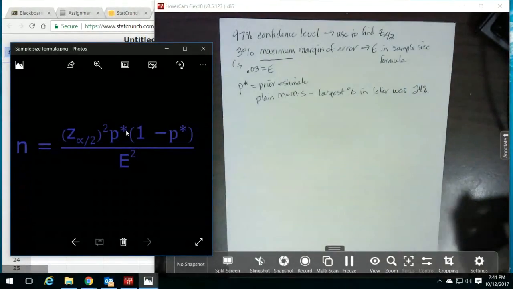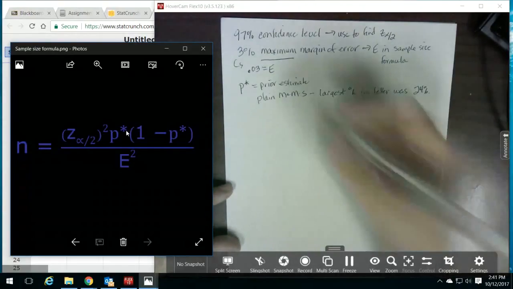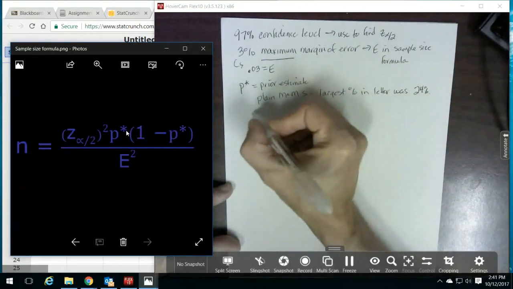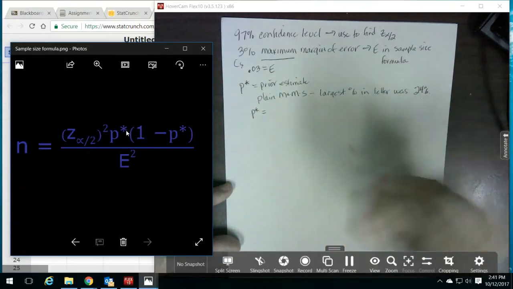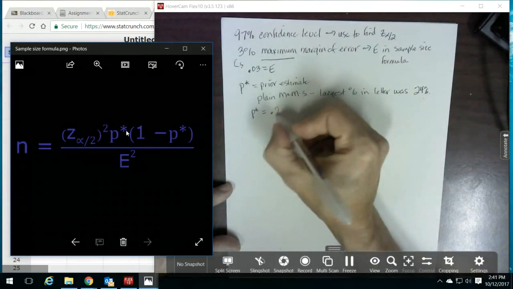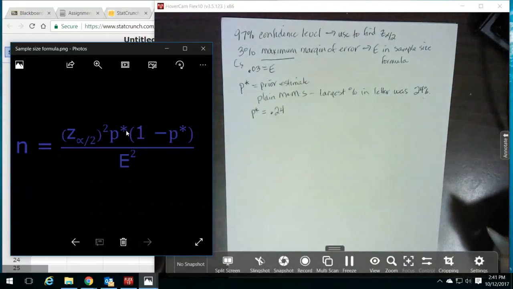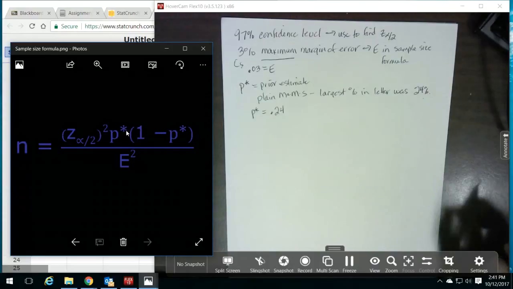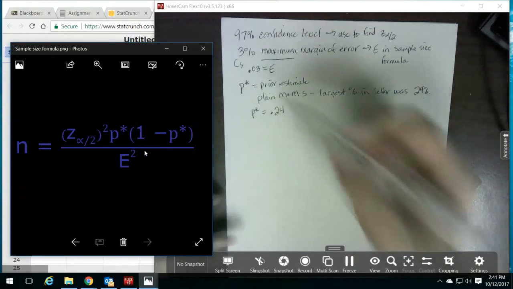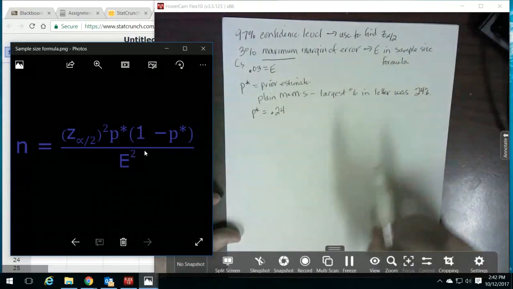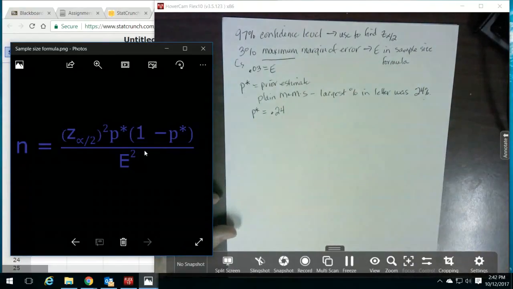So I'm going to use that for my prior estimate. And again, I have to change this to decimal to put it into the formula. I'm going to use 0.24. Okay, so with those things, I can get all the numbers I need to put into this formula. I have the E and I have the p star. The only one I need to actually find is the critical value.